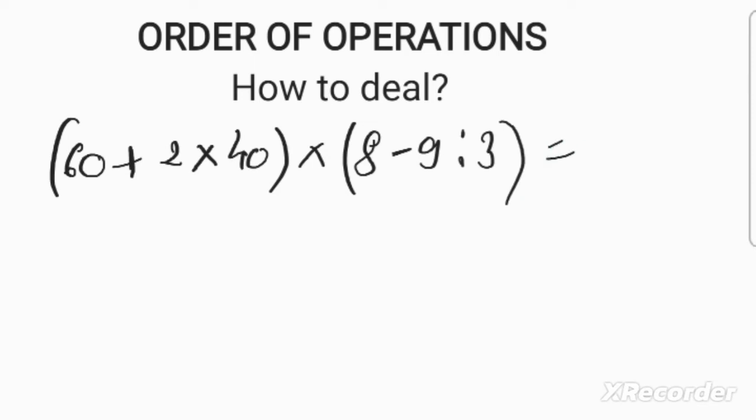What are we going to do in here? First of all, we do the brackets, yes, all the brackets. After that, in the brackets, what are we going to do? First, we're going to do the division and multiplying operations.